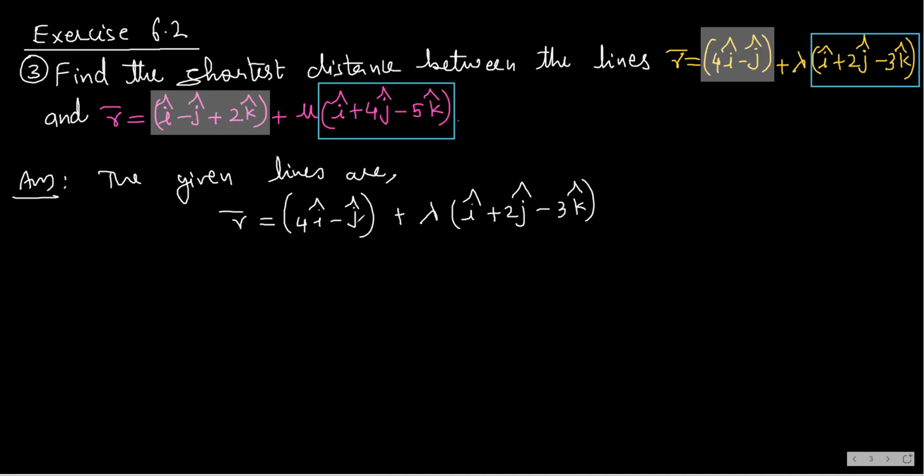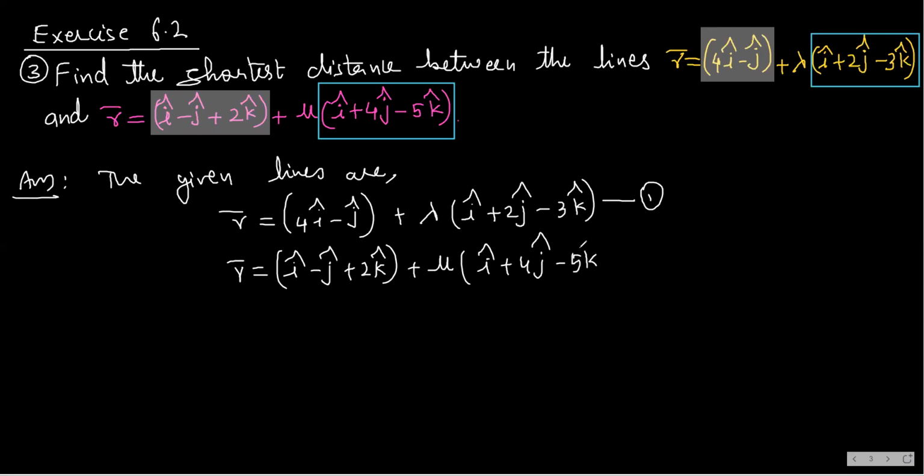Okay, this is the first line. Second is r bar equals i cap minus j cap plus 2k cap plus mu times i cap plus 4j cap minus 5k cap.